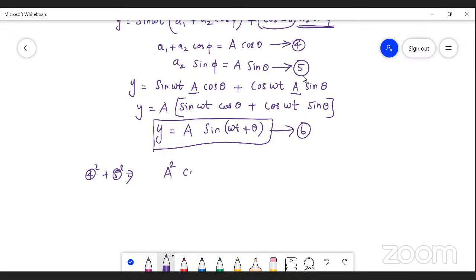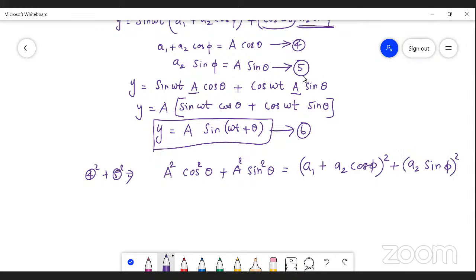A square cos square theta plus A square sin square theta is equal to the other side: (a1 plus a2 cos pi) whole square plus (a2 sin pi) whole square.